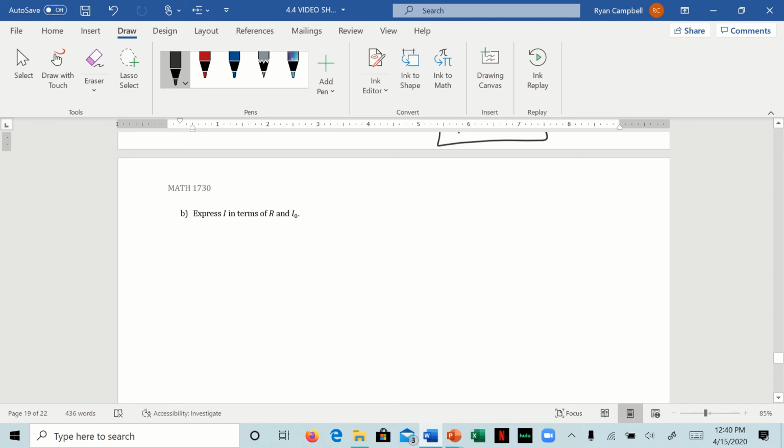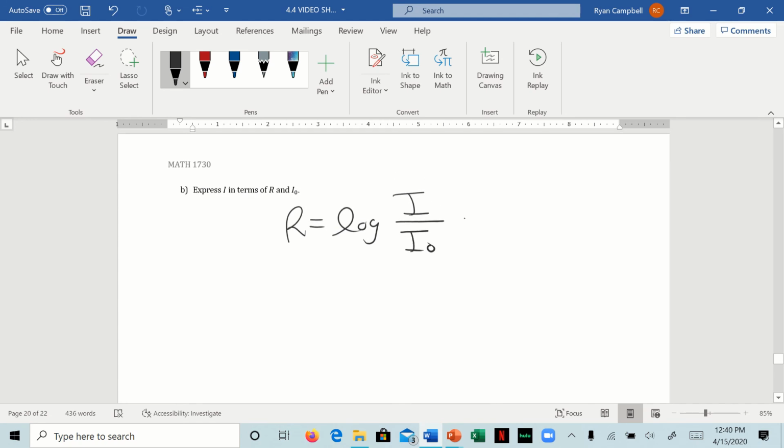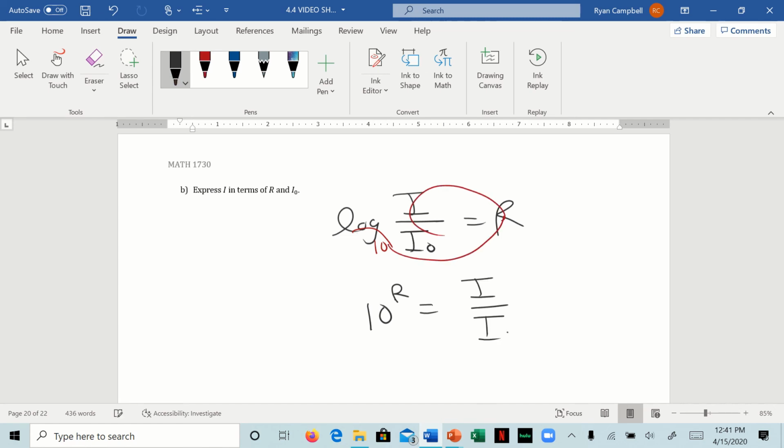All right. So now let's express I in terms of r and I naught. So we have r equals log of I over I naught. So if we rewrite it to our nice form, we know we're going to get 10 raised to the r equals I over I naught, because we're trying to get I all by itself, right?